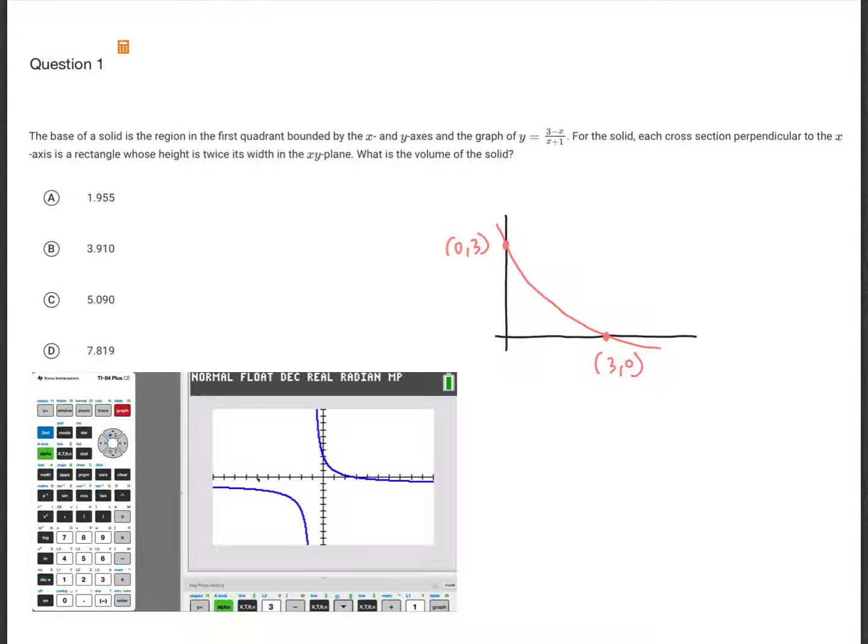Alright, and when we're trying to find these volumes, they describe the base of the solid, and they describe what the cross sections are. We're definitely going to use this.